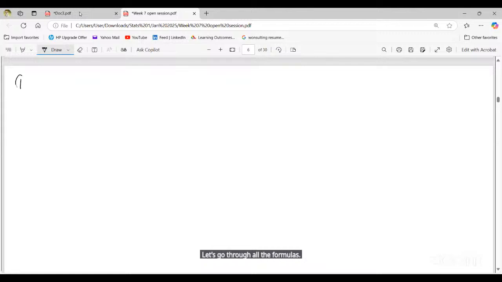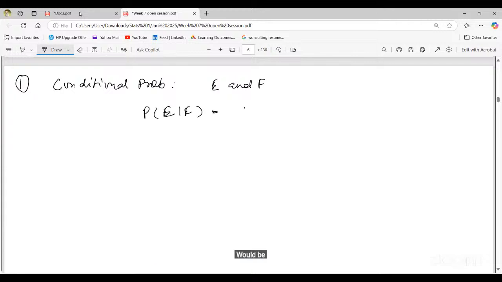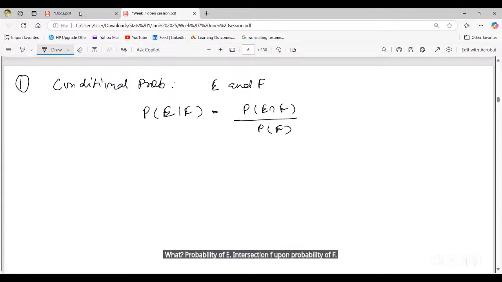Okay, so the first thing is conditional probability. If I have two events, E and F, then the probability of E given F would be equal to the probability of E intersection F upon the probability of F, right?